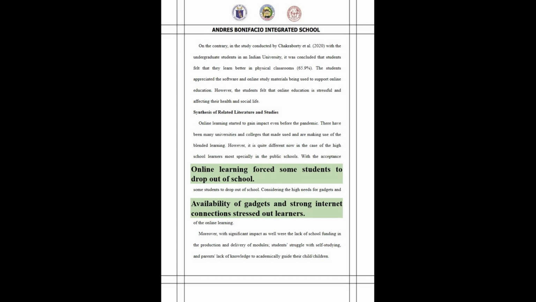The highlighted statements are what the researcher found out from the responses of the students about their experiences in the online learning. These two are what needed to be resolved in order to assist the learners properly in the coming school year. And that is just a simple example of the content of a Chapter 2.